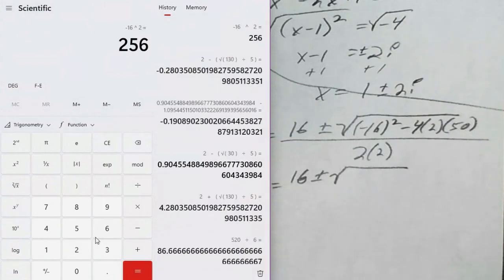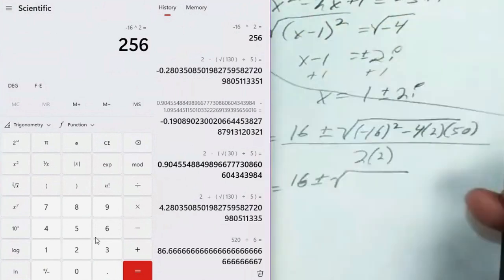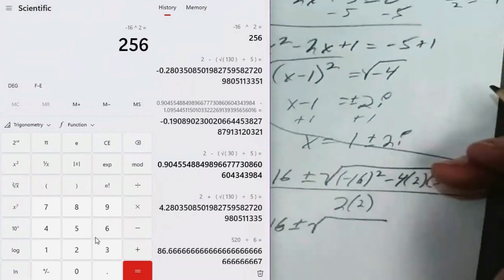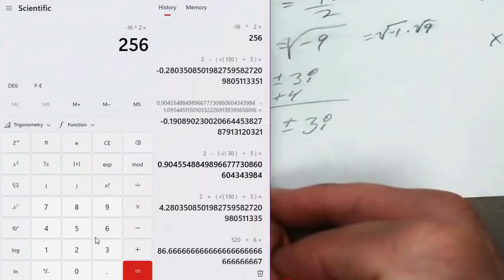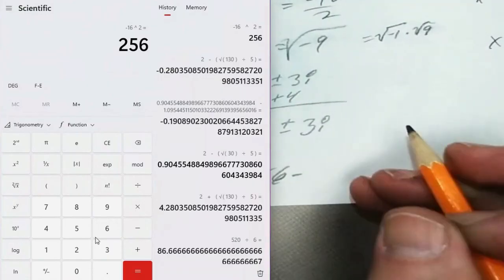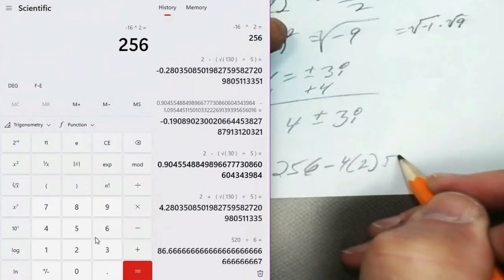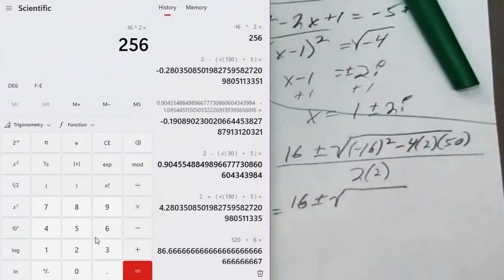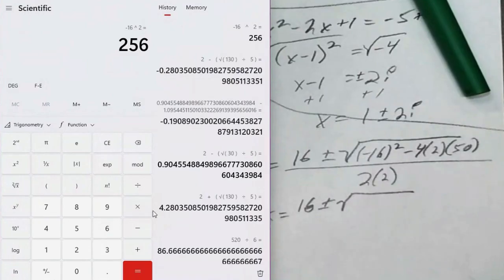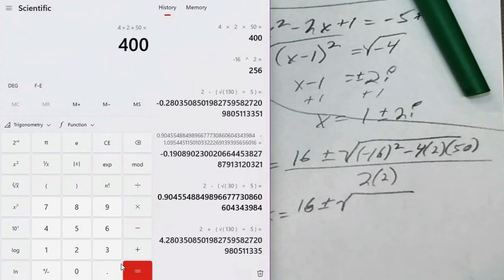Okay, so 256 minus 4 times 2 times 50. Let's calculate it. 4 times 2 times 50 is 400.